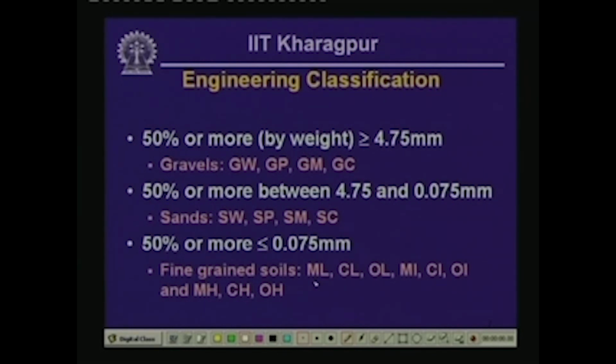Several different symbols are used in this case. Symbol M is used, as I indicated earlier, to denote silt. Symbol L is used to denote low compressibility, or low plasticity.